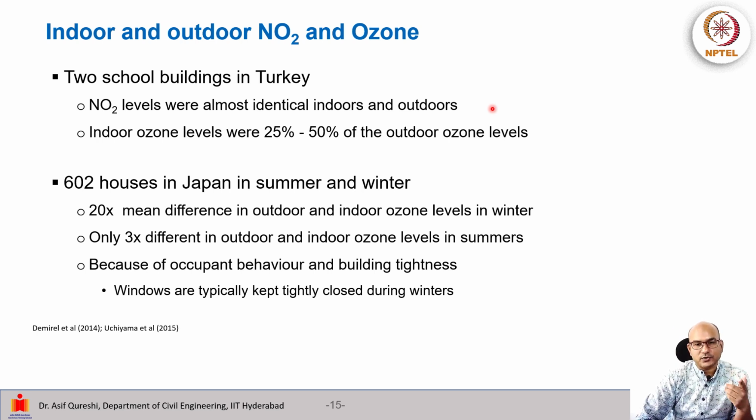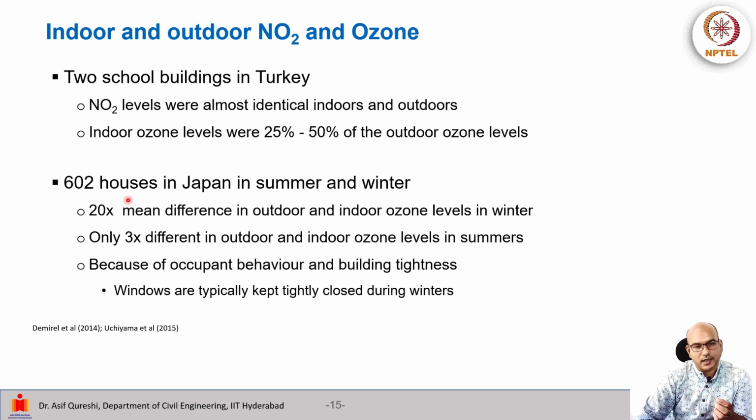But as we saw earlier, ozone is highly reactive and generally the gradient will be larger, and what they found is indoor ozone levels were 25 to 50% lower than the outdoor ozone levels. So here we can clearly see that ozone being highly reactive, there is a larger gradient between indoors and outdoors.